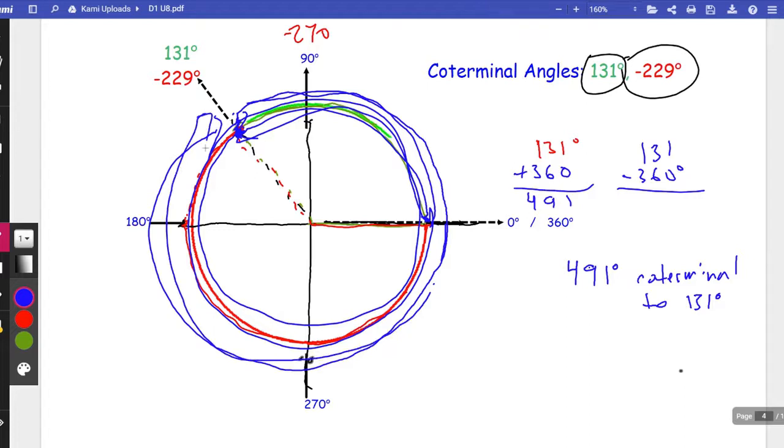Or you could just subtract it off and get negative 229. This all could be quite confusing until you really get the hang of it. The only thing that really matters here is if you want to find a coterminal angle, just add or subtract 360 degrees to whatever angle you got. If you add or subtract 360 degrees, you will get a coterminal angle to that angle.